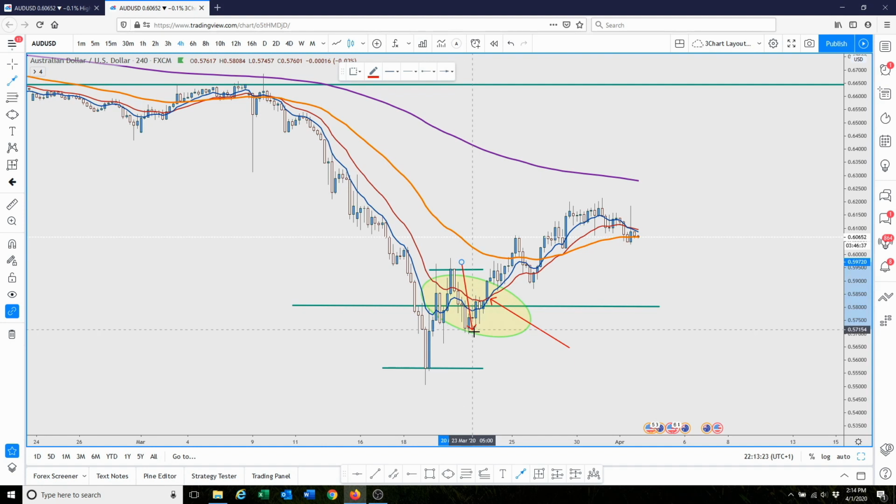But does it? No, it came here and kind of stopped. Right now we're just noticing things, so I'm going to delete this little circle here. I just want you to start noticing things. Right here, we made a lower low, a lower high, and we're expecting it to make another lower low, but it didn't.